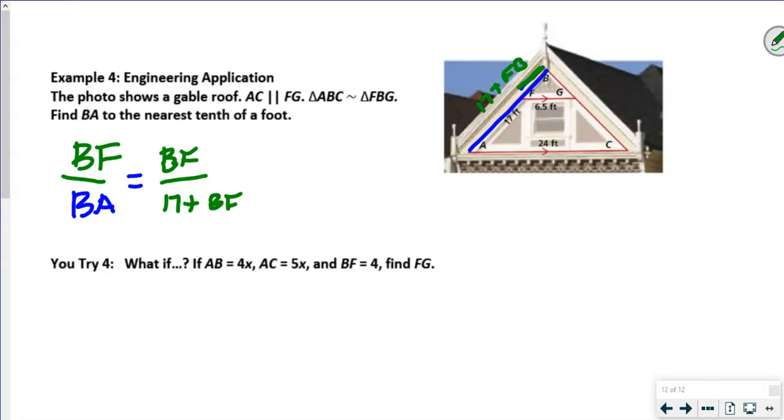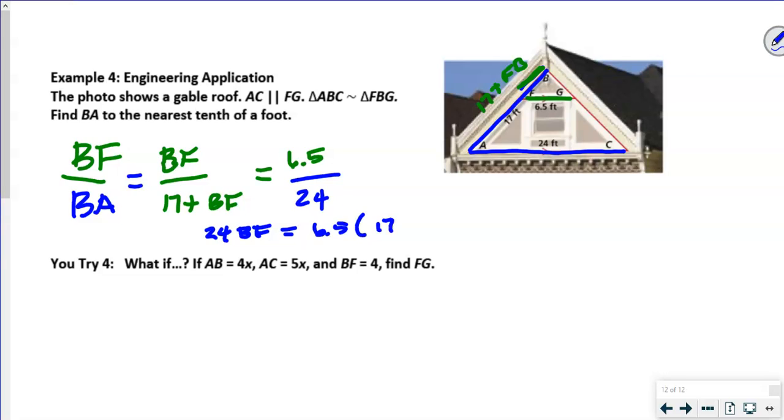All right, now let's compare that to the two sides we have. So notice again, we have the little triangle right there, right? So that's going to be equal to 6.5 over the bottom of the big triangle right there. That's over 24. Okay, so we're going to cross multiply this. So this is going to give us 24 BF is equal to 6.5 times 17 plus BF, okay?